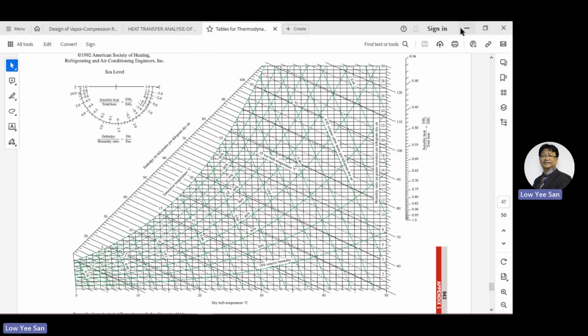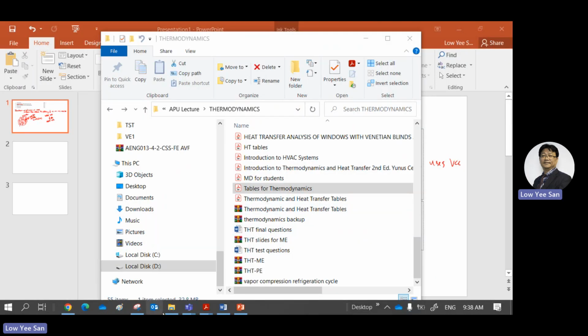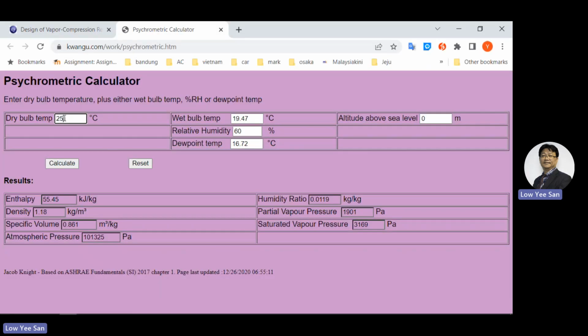Okay, so if you don't want to use this, you just go to the website I share with you, which is easier. Which is always easier. 30 degrees, humidity 70%. Yeah, 78.22. So you can get it from the psychrometric chart, or you can use this psychrometric calculator.